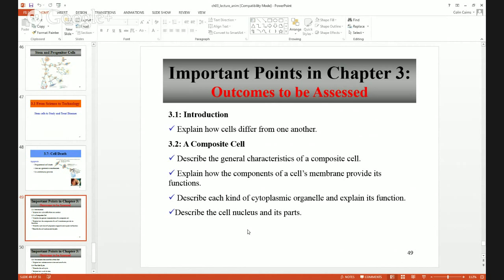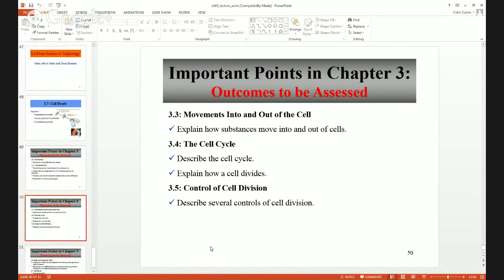Describe the cell nucleus and its parts and the function of the cell nucleus. Explain how substances move into and out of cells, the difference between active and passive transport, the types of transport, from simple diffusion all the way to active transport.